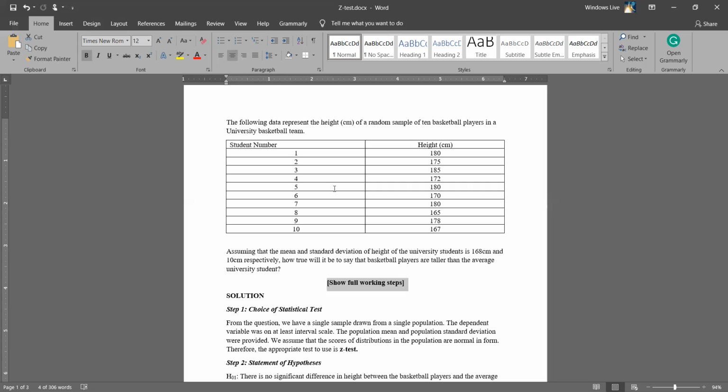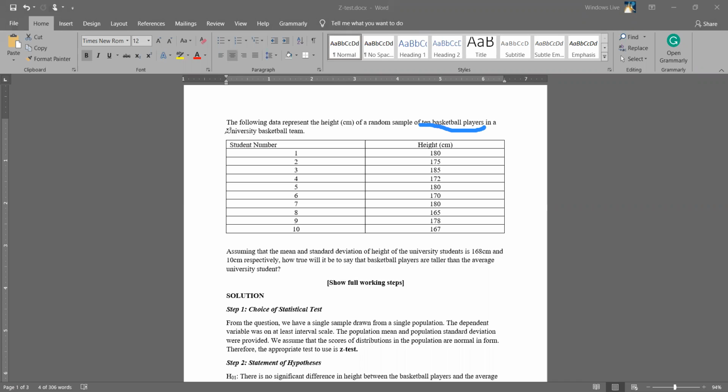Let's find out whether we can find these 3 assumptions in the question. The first assumption is that a sample should be drawn from a population. In the first statement of the question, they indicated the following data represent the height of a random sample of 10 basketball players, meaning that the 10 basketball players are a sample.